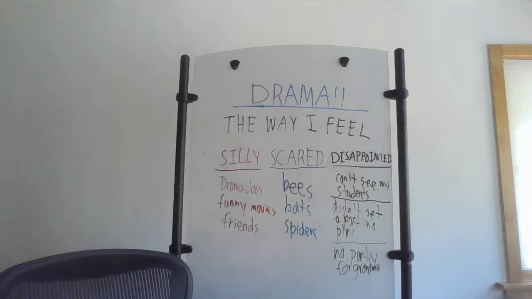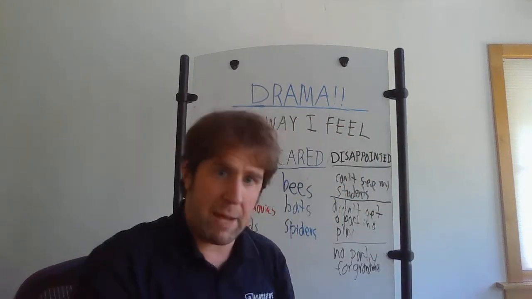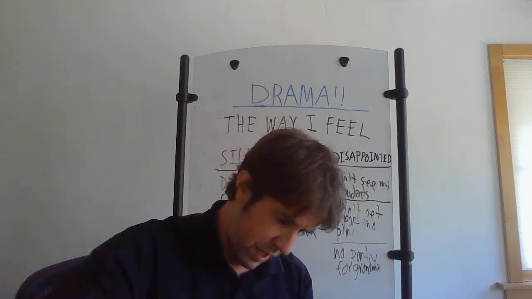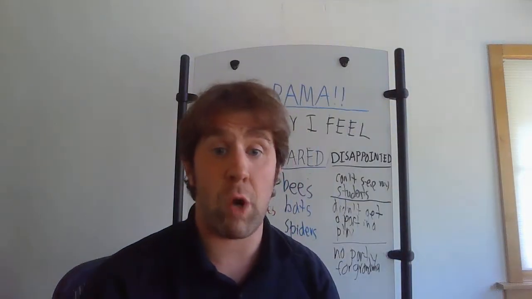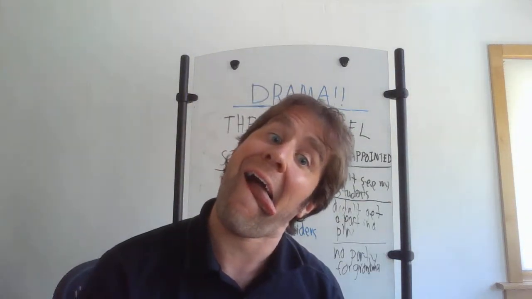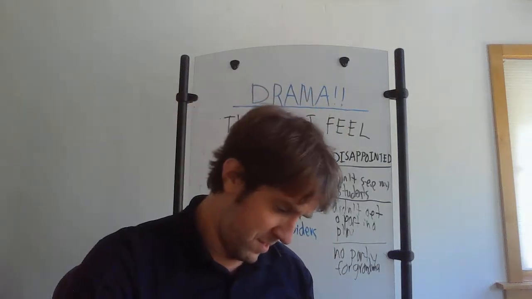So let me show you in the book again, just some examples real quick, because we're almost out of time. Here is the girl's silly face as an example. Here's Mr. Roth's silly face. Here's the girl's scared face, right?